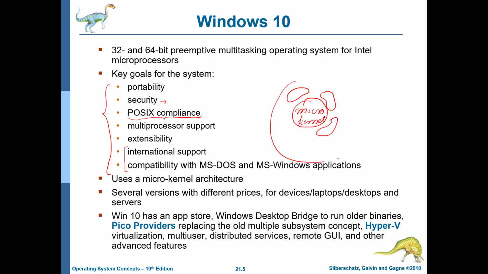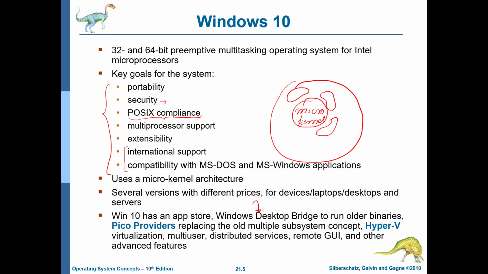In addition, Windows, like Android, has a large app store from where we can buy a lot of Windows applications. Windows does provide a Windows desktop bridge to run older binaries, quite similar to what we have seen in Linux, the namespace concept. But this is basically to run binaries compatible with older versions of Windows.